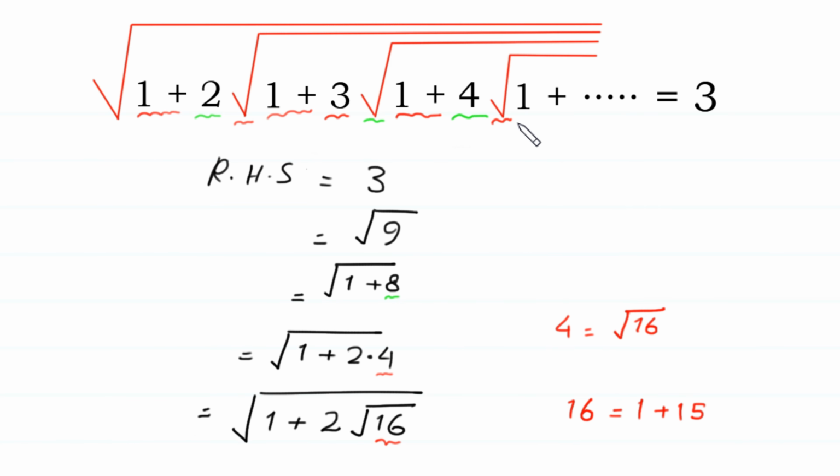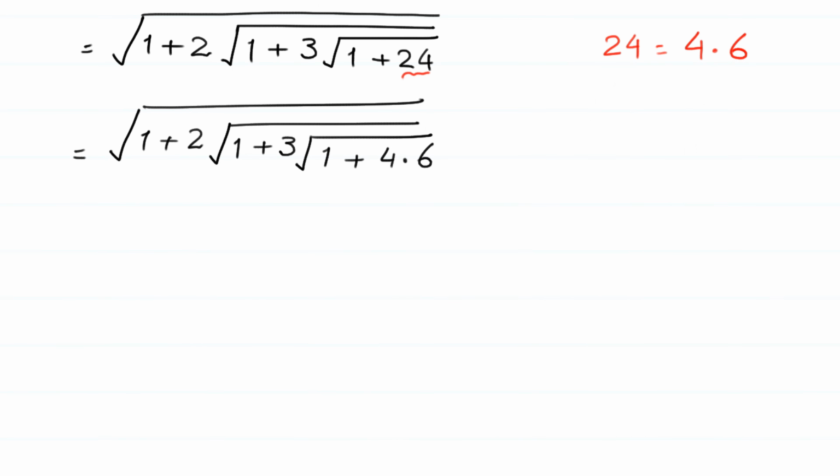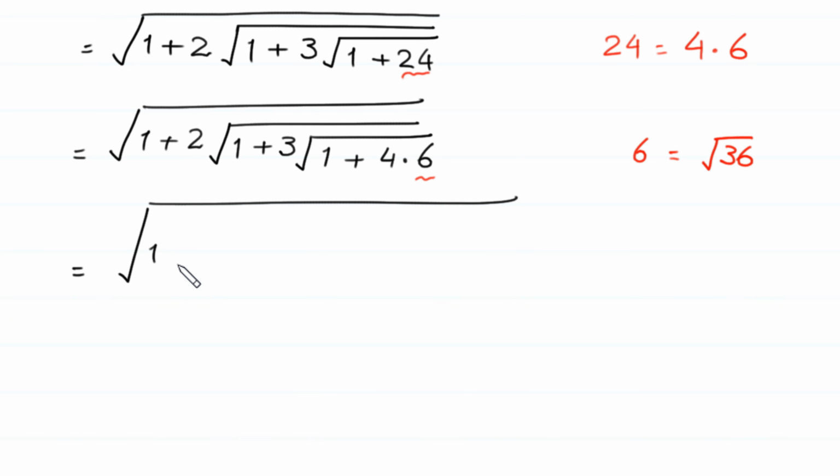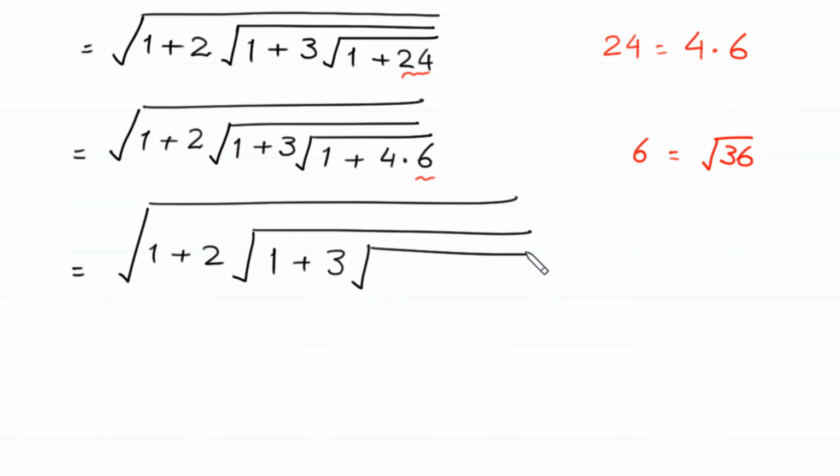Now next in the series, because we have a square root, we replace this 6 with the square root of 36, which is equal to square root of 1 plus 2 times square root of 1 plus 3 times square root of 1 plus 4 times square root of 36.